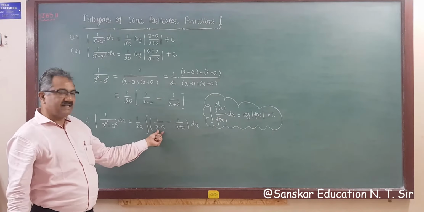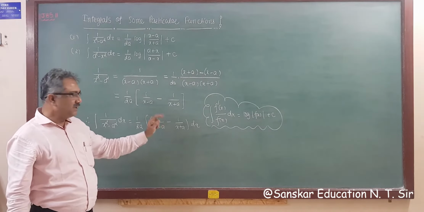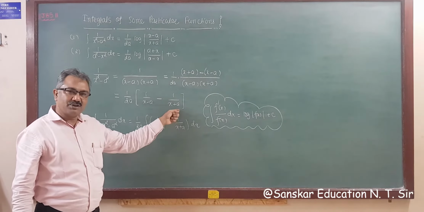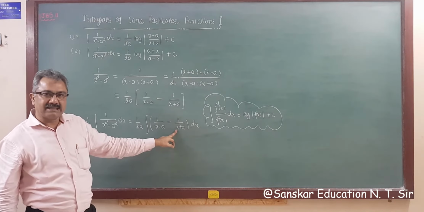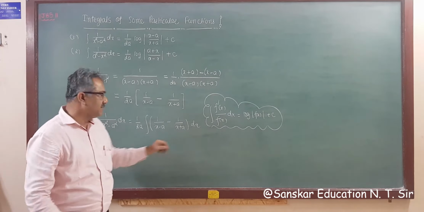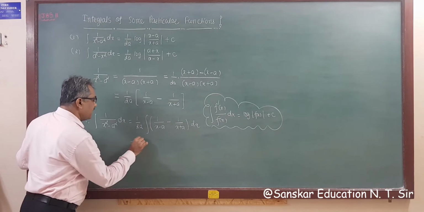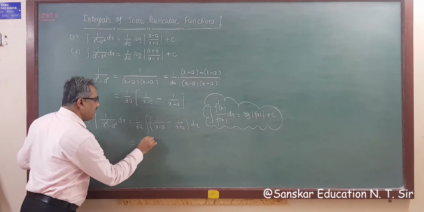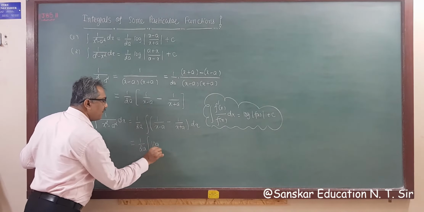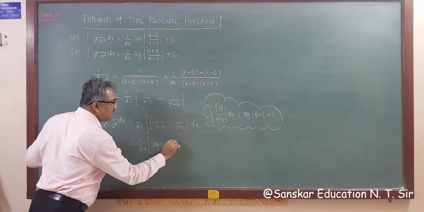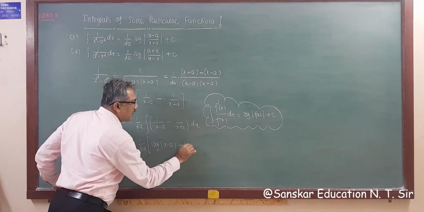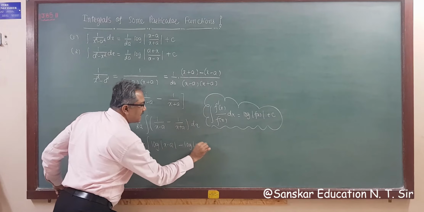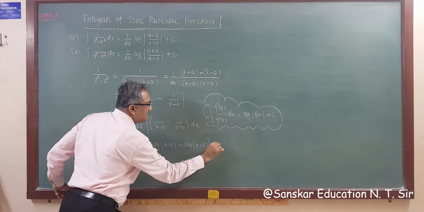Same thing here, derivative of the denominator is in the numerator, because the derivative of x is 1 and the derivative of a is 0. So the answer of this will be 1/2a [log of mod (x minus a) minus log of mod (x plus a)] plus c.